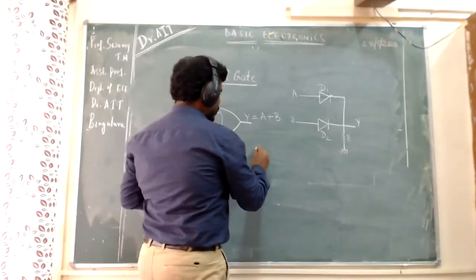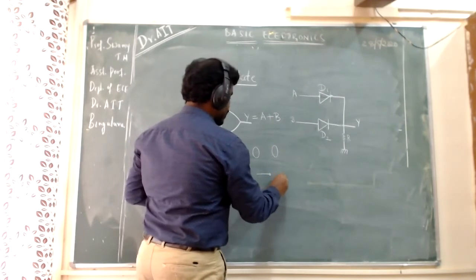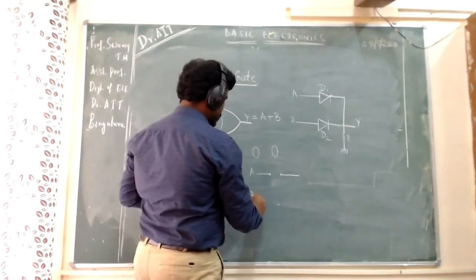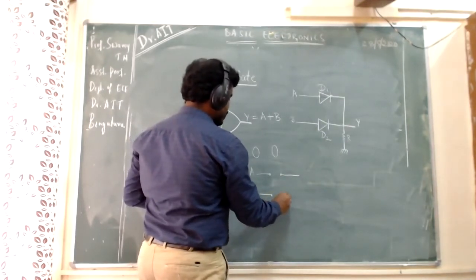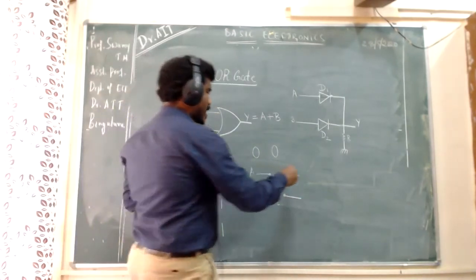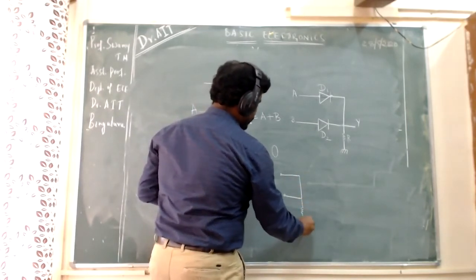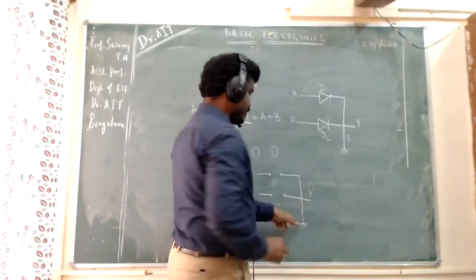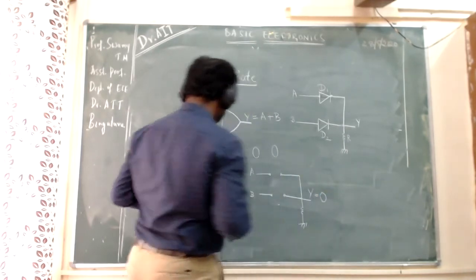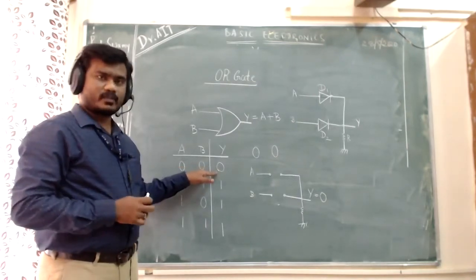Reverse bias means I have to replace the diode by an open circuit, and it is connected like this, and here the output is logic 0. That's why in the truth table, when both inputs are equal to 0, the output is logic 0.